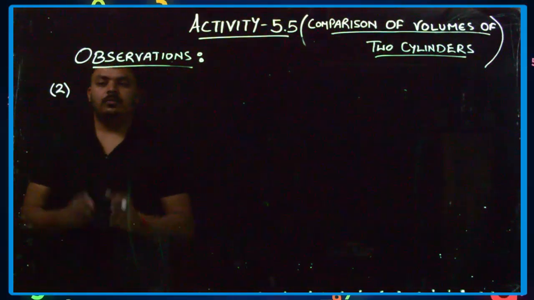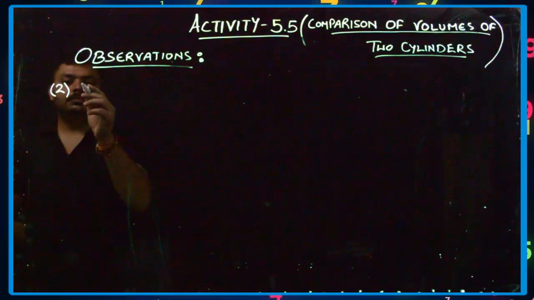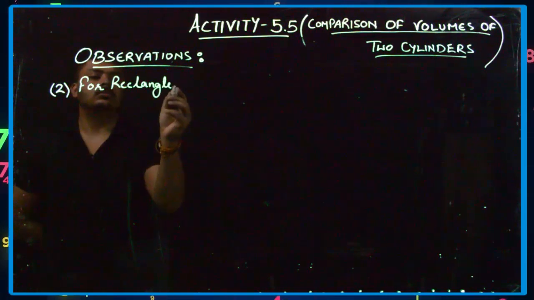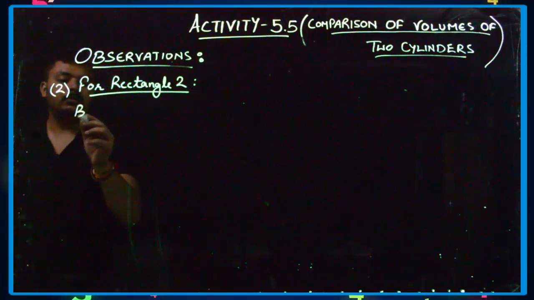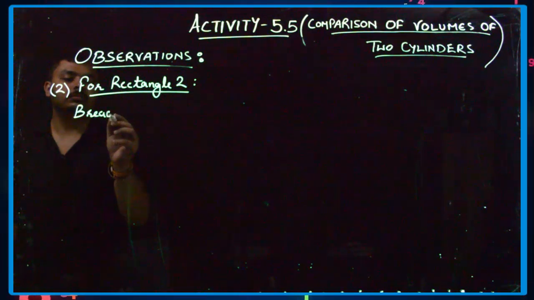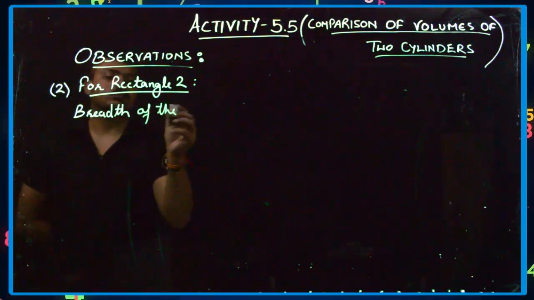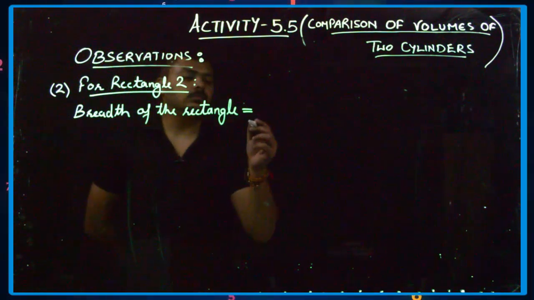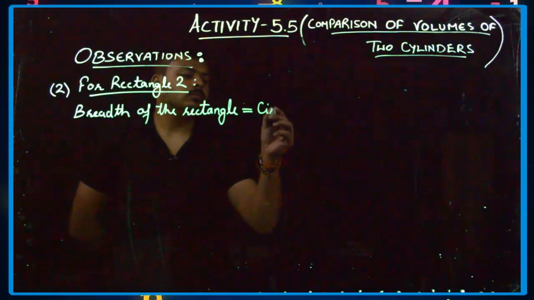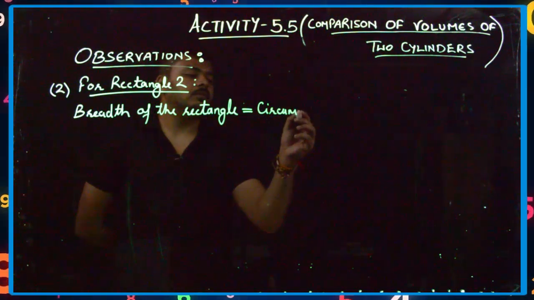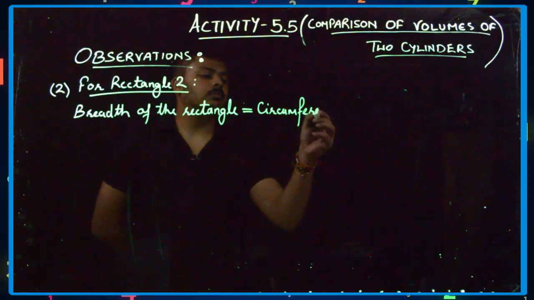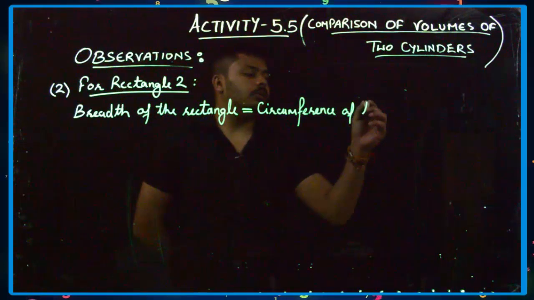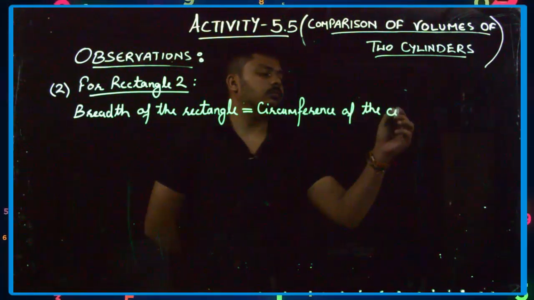Now our observation for second rectangle. For rectangle 2, breadth of the rectangle is equal to circumference of the circular base of cylinder.